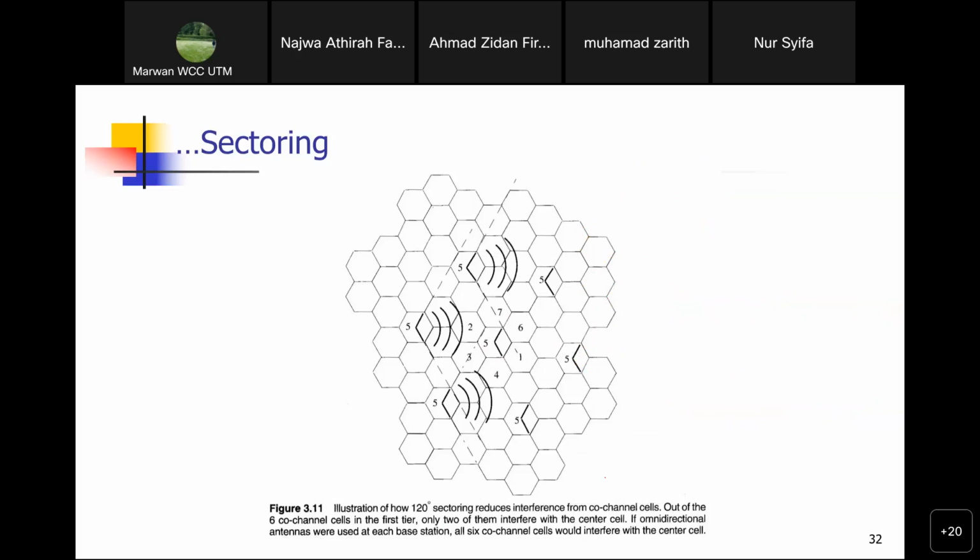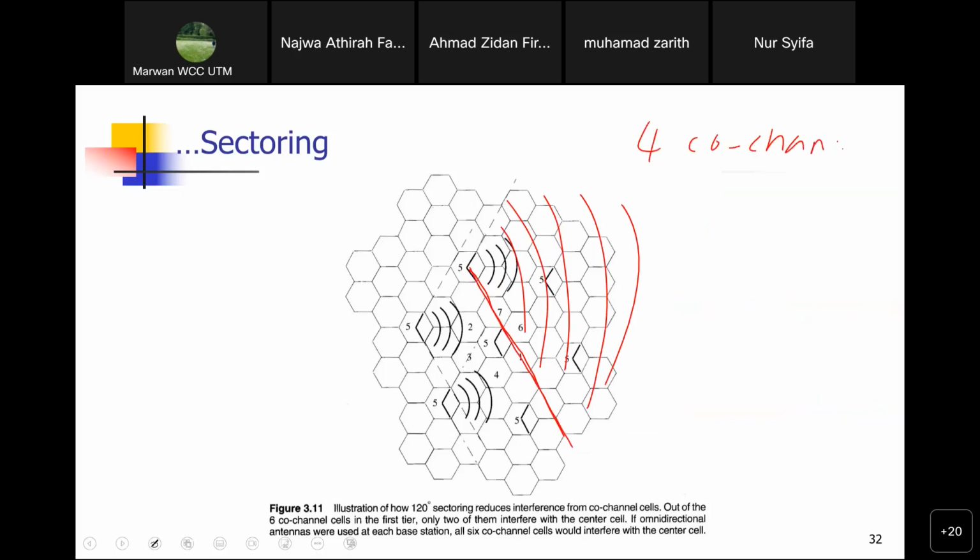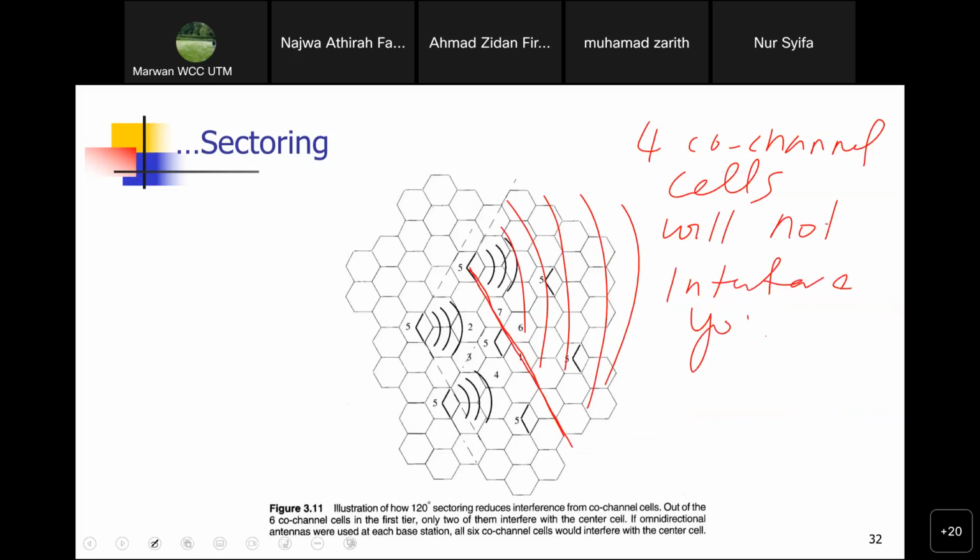And if you look back over here, this sector is also not going to interfere with you, because this is the line; you're going to go outward this way. So 4 co-channel cells will not interfere with you anymore.